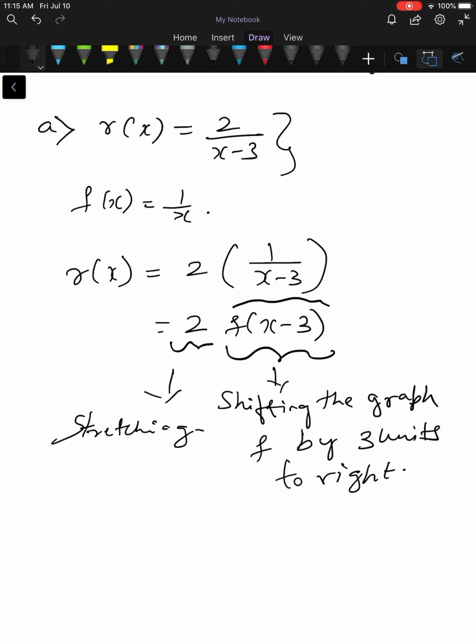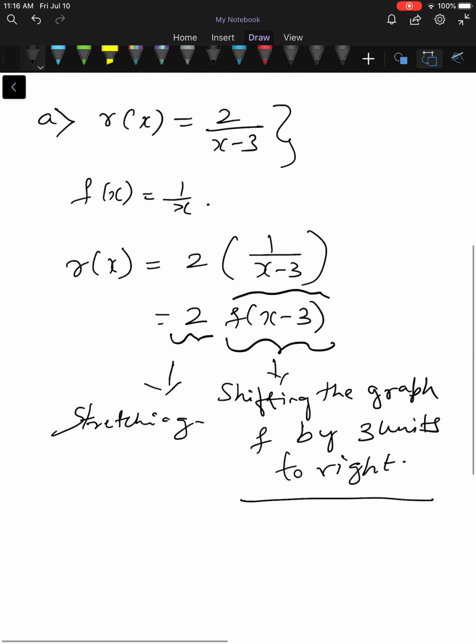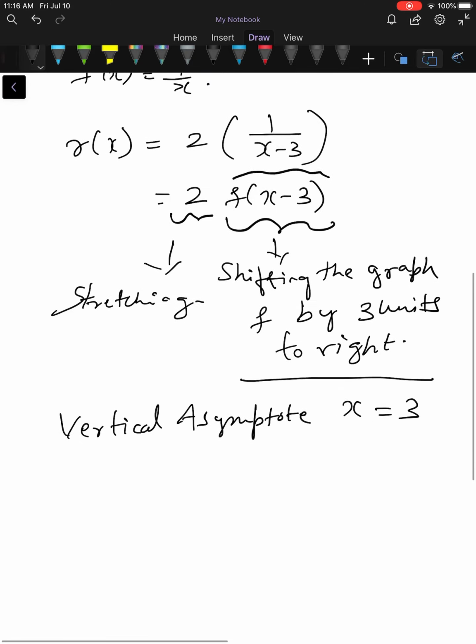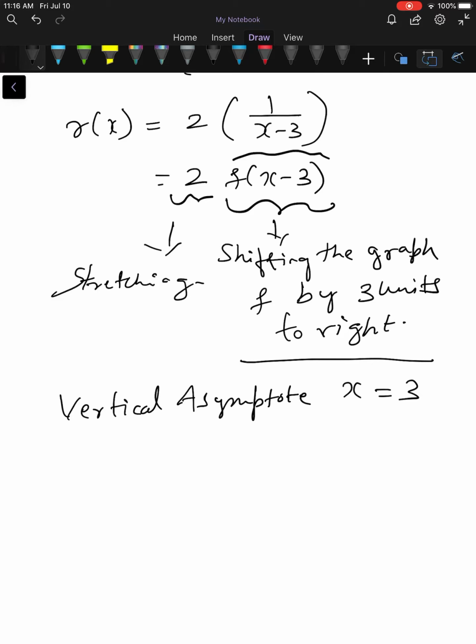But that is when you have only x in the denominator, and you have shifted the graph by 3 units to right. So 0 plus 3 would be 3. So the vertical asymptote is the line x equals 3. And what was the horizontal asymptote? There is no change horizontally, correct? So the horizontal asymptote remains as it is, that is y is equal to 0 itself.